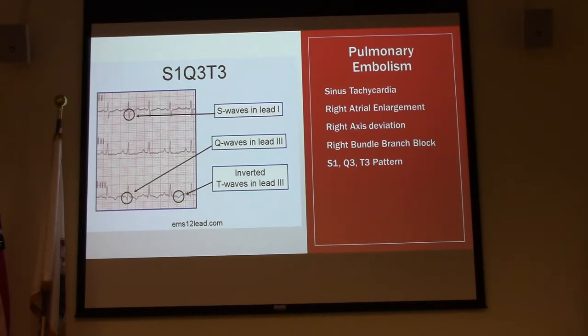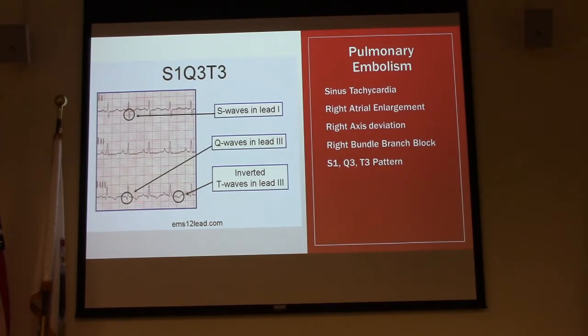So there's two ways to suspect. Then there's the final way that you can use your 12 lead or your regular monitor to see if a patient is having a pulmonary emboli. Sometimes when you print out your 12 lead, it'll actually print out suspect respiratory, suspect pulmonary emboli. And it's based off the S1Q3T3 pattern, meaning that S1, in lead 1, we have an S wave that's different from leads 2 and 3.